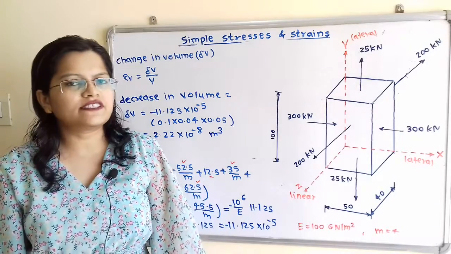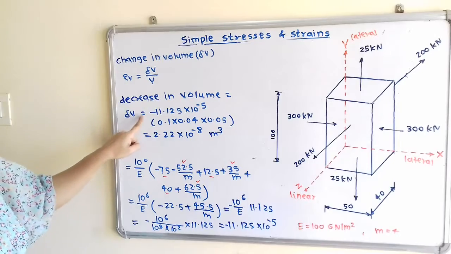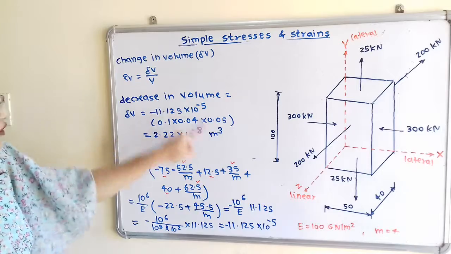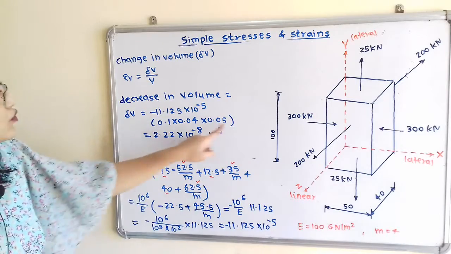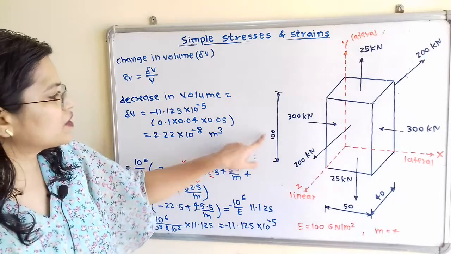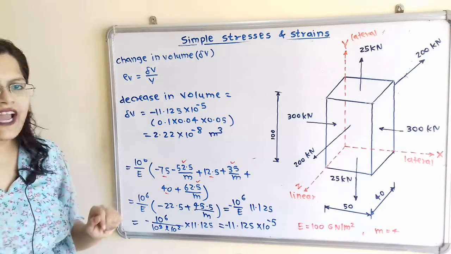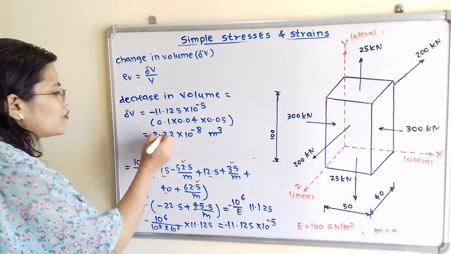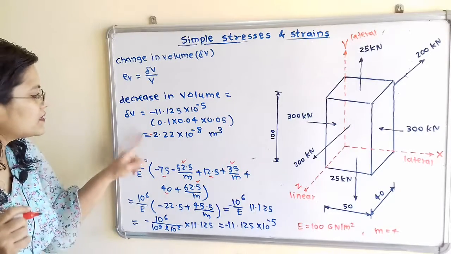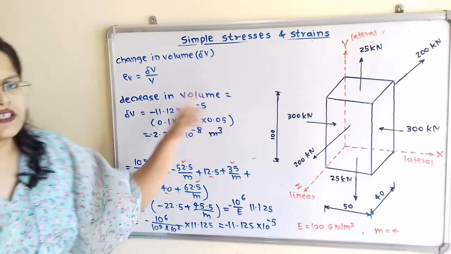Now we will calculate the change in volume, which is known as decrease in volume, and which is equal to epsilon V multiplied by V. So we have to take this negative sign and multiply it with the volume of this given figure. So it is 0.1 into 0.04 into 0.05. So the answer is minus 2.22 into 10 raised to minus 8 meter cube. Now, because of this negative sign, we can say that there is a decrease in volume.